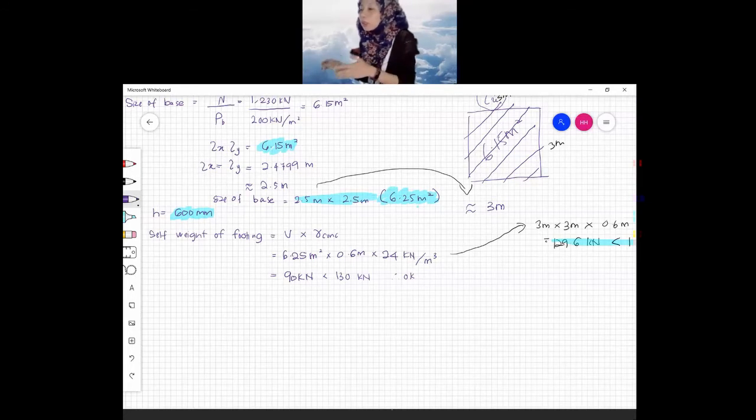Once you provide a bigger size of base, the reinforcement you are going to use is lower compared to a smaller base. You can choose 3 meter as long as the weight does not exceed this 130 kilonewton. Okay, no problem.